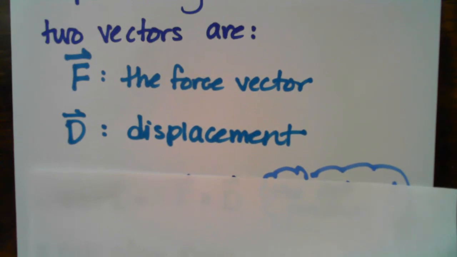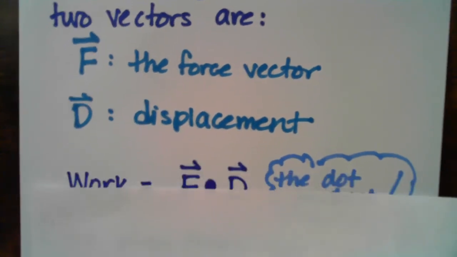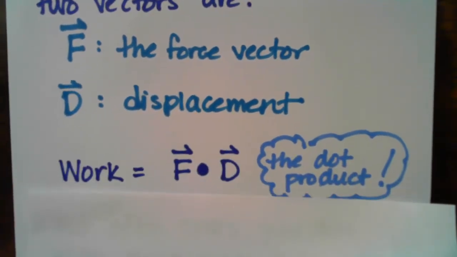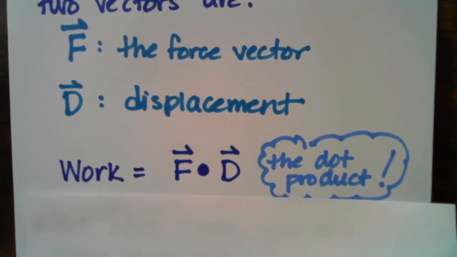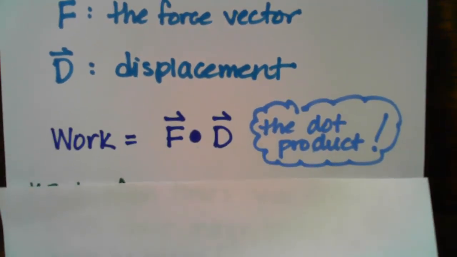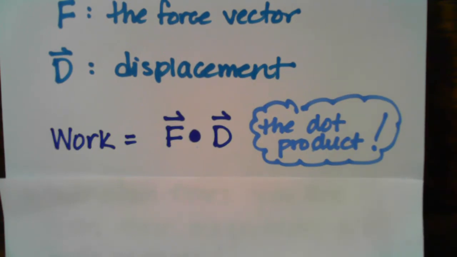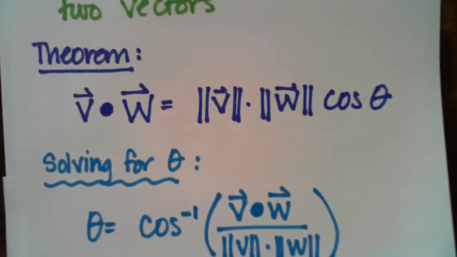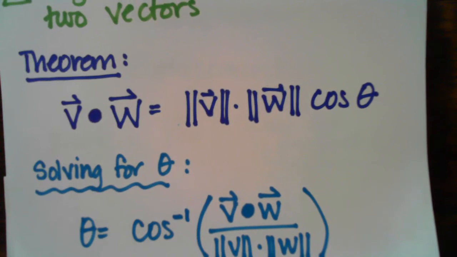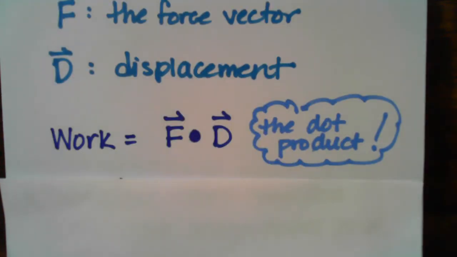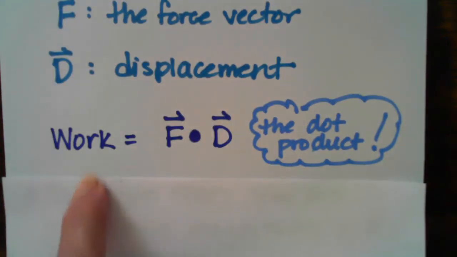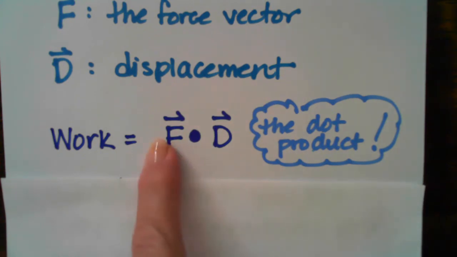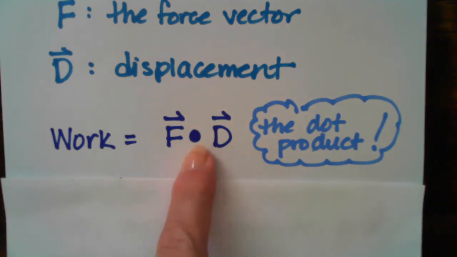And from that previous formula that I just showed you, the work is considered the dot product, and since we know from this other formula that the dot product is the product of the magnitudes times cosine of theta, we could do work in that way as well. Because most often we don't have the components for these two things.